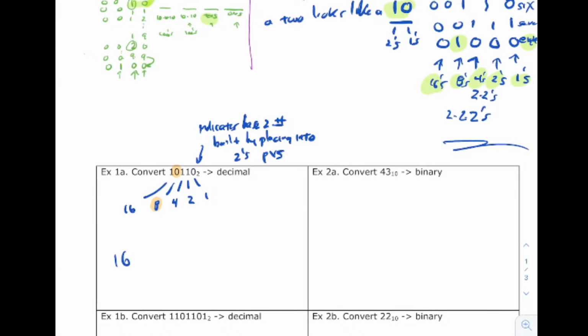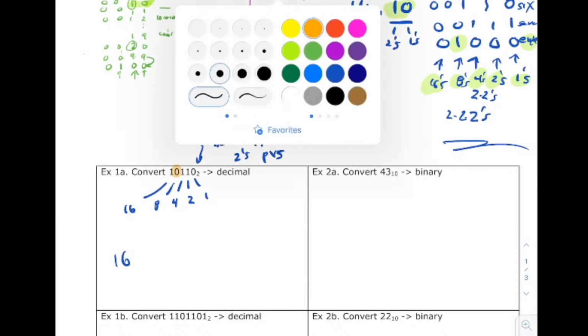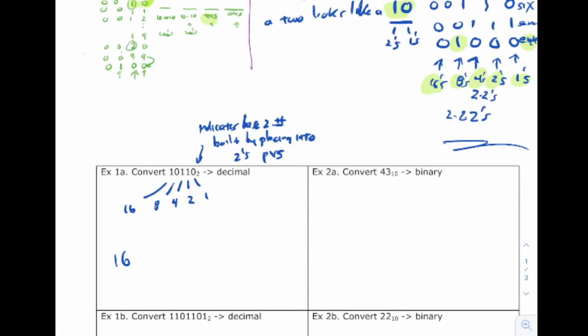But you do have a 1 in the 4s place. And so now I'm going to have to add on 4. So a 1 in the 16s place, a 1 in the 4s place. And then notice I've also got a 1 in the 2s place, so that's going to give me 2 more.